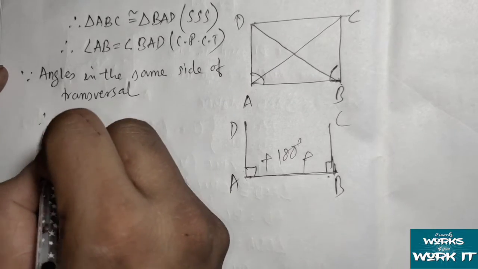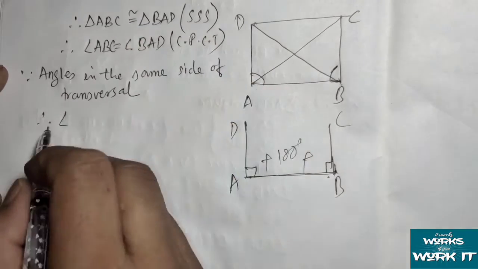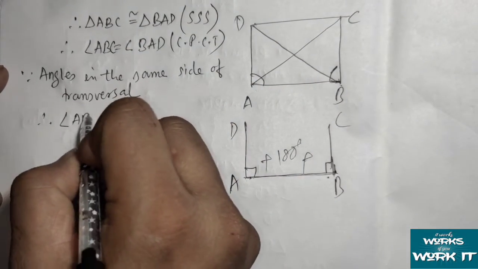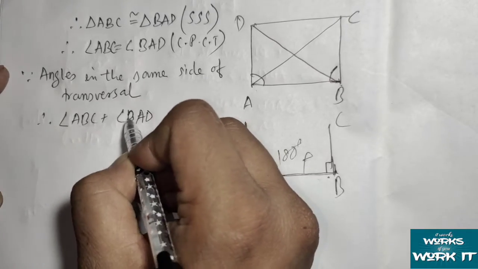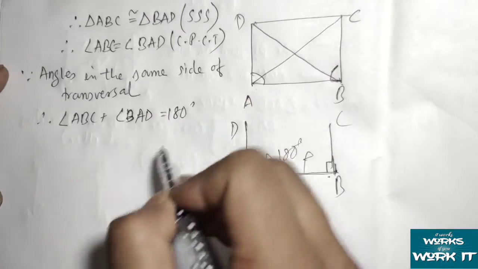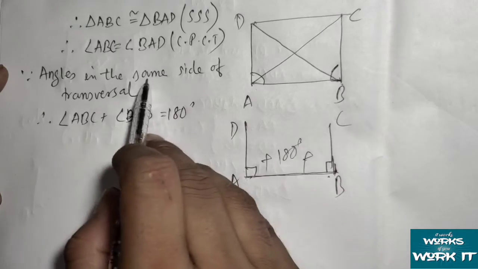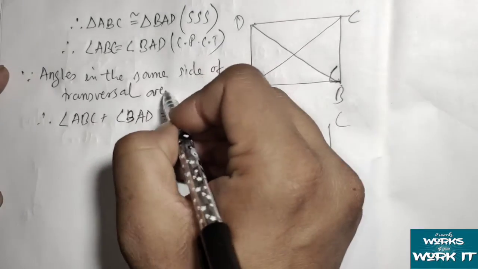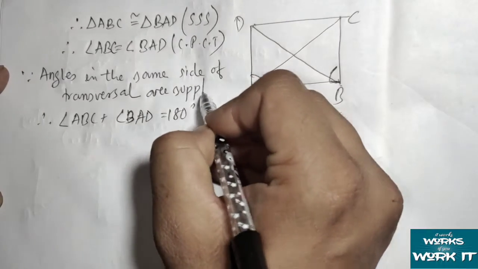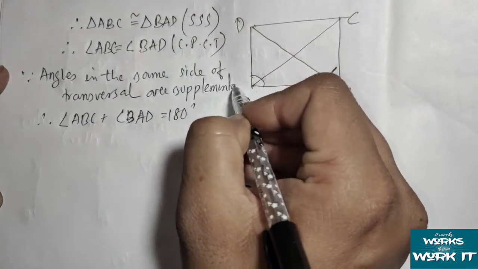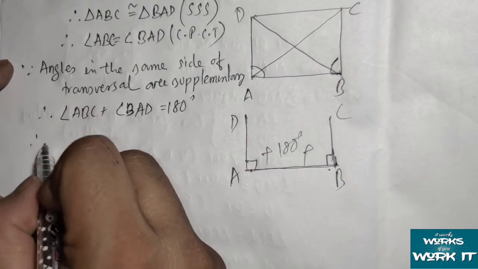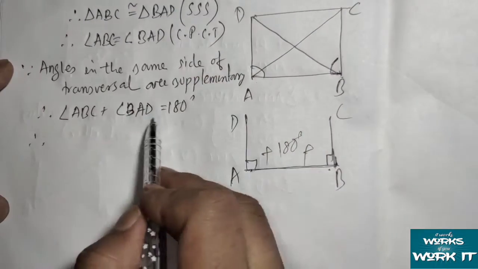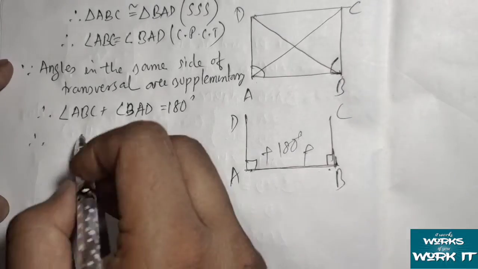So angle ABC plus angle BAD will be equal to how much? 180 degrees. So angles on the same side of the transversal are what? Supplementary. Using this, since I have shown ABC is equal to BAD, each angle will be how much?